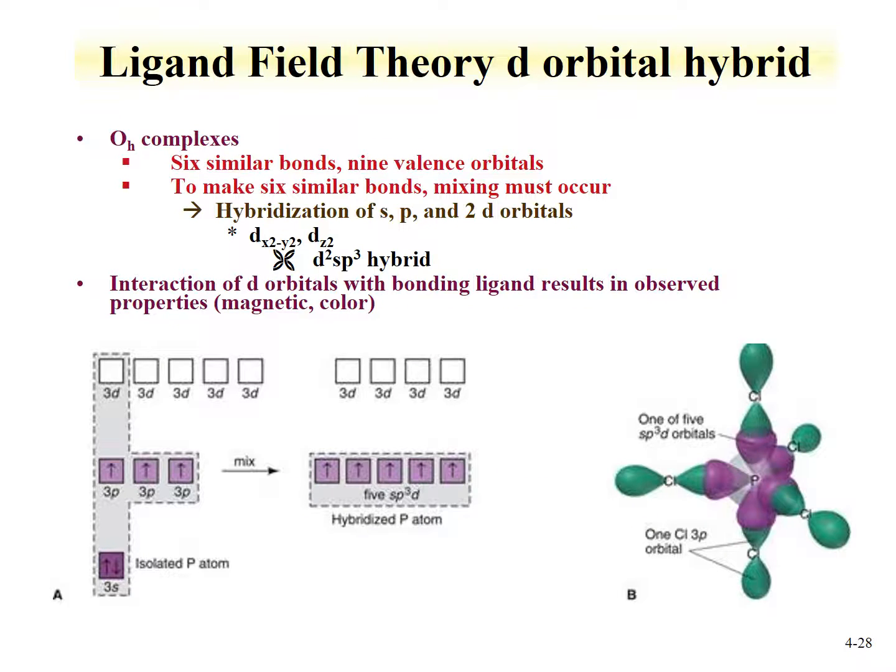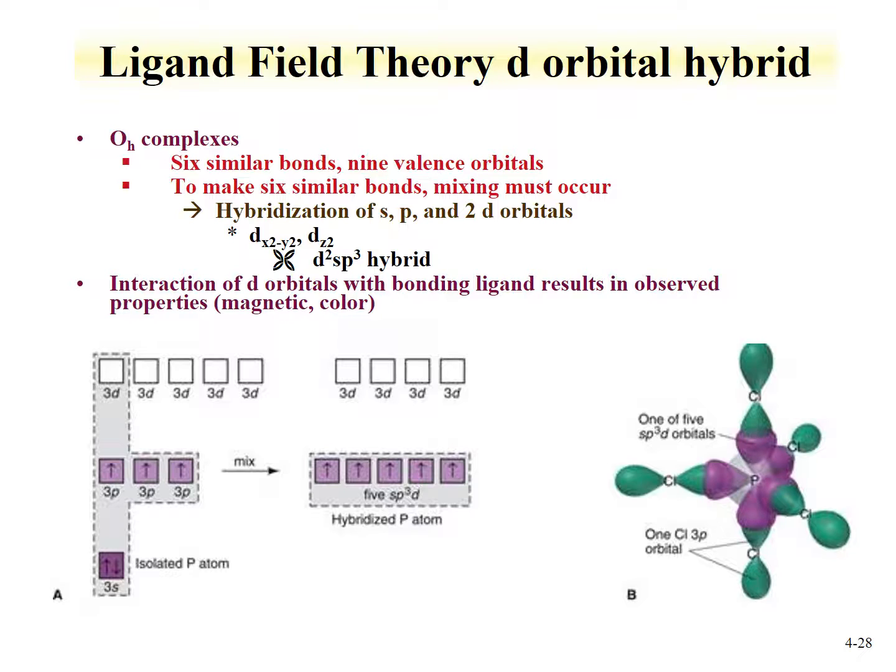An example of the ligand field theory for d orbital hybridization is listed here. For a complex of phosphorus and chlorine, we see that we have 1, 2, 3, 4, 5 chlorine bonds. All these bonds need to be at least the same energies, the same distances.